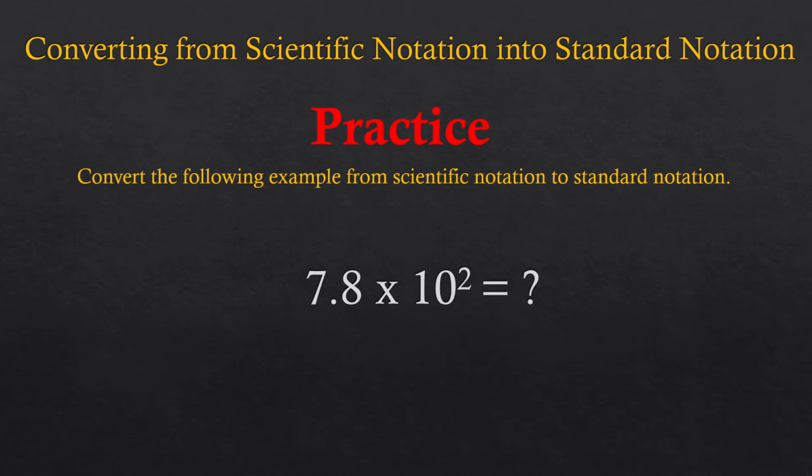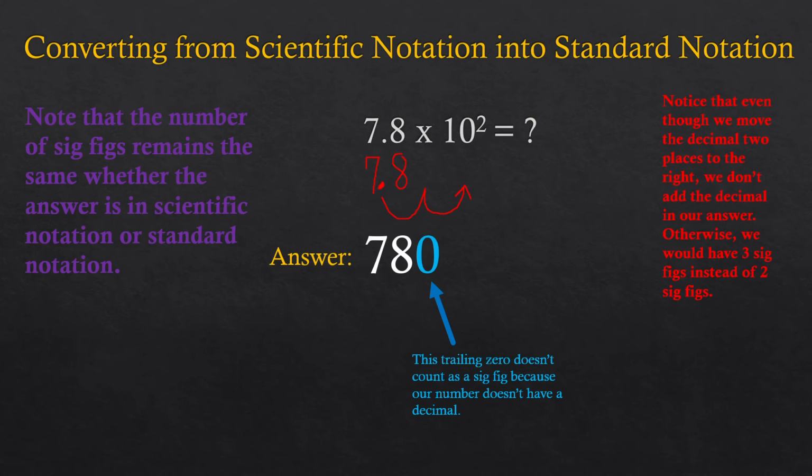Okay, here's our next number. Okay, so again, the exponent is telling us how many times we should move the decimal. And it's telling us to move it 2 times to the right side. So here we go, 1 and 2. So I'm going to add a 0.